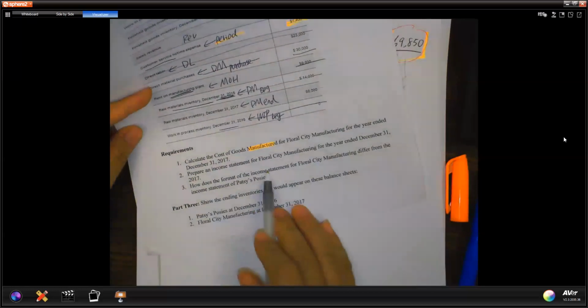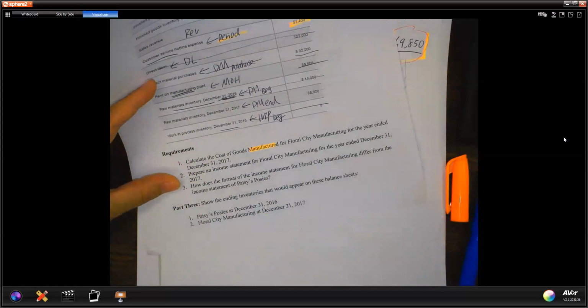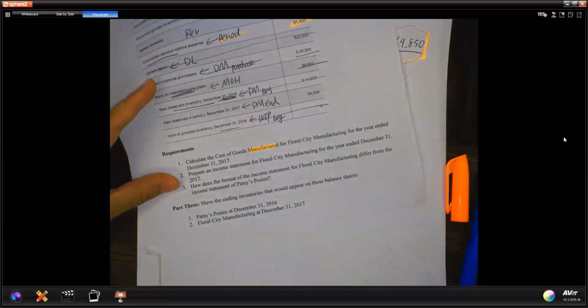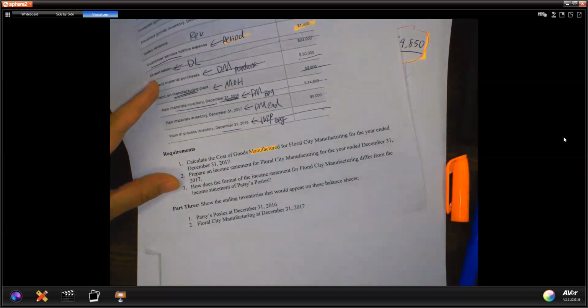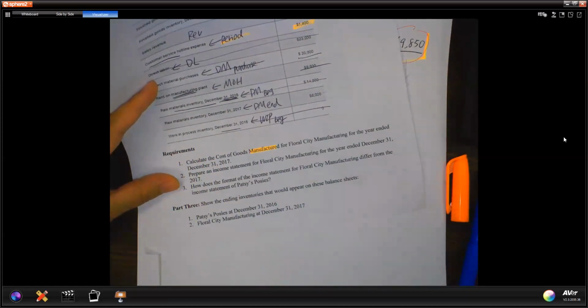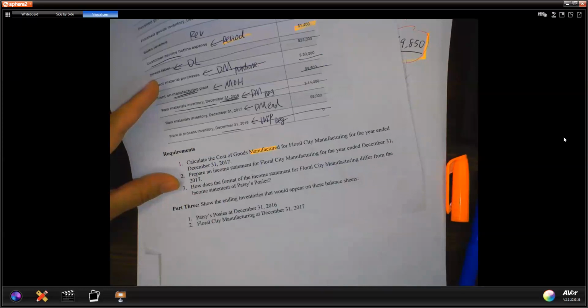And then the next one is different because for the merchandiser, you just calculate your cost of goods sold directly from your purchase. For the manufacturing, you have to use direct labor, you have to do the 3 steps: calculate direct material used, calculate the production you produce, and then calculate your cost of goods sold.